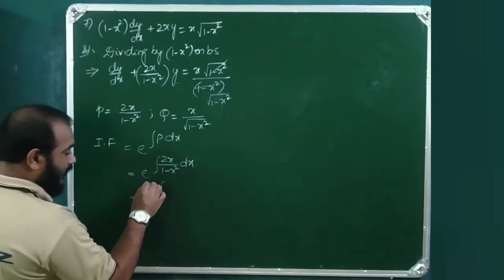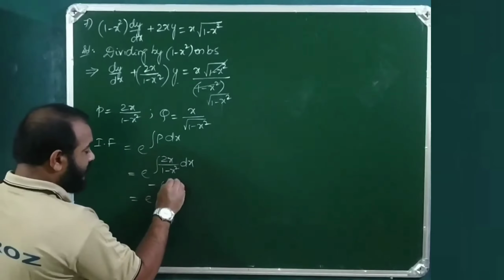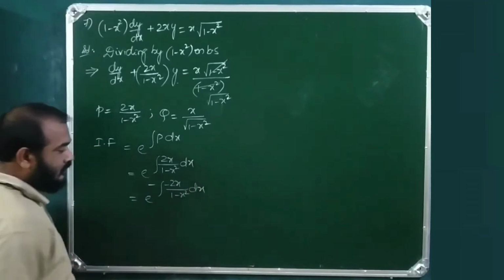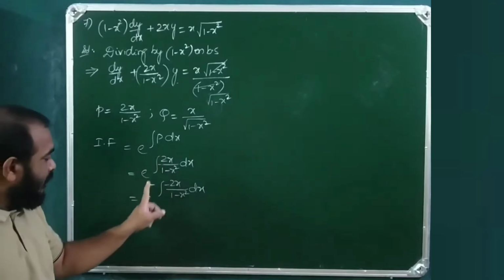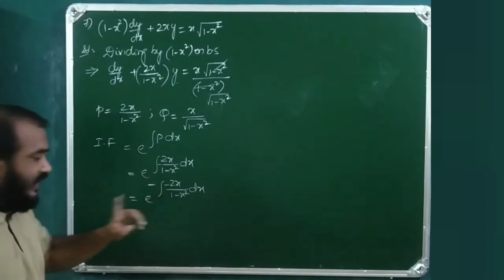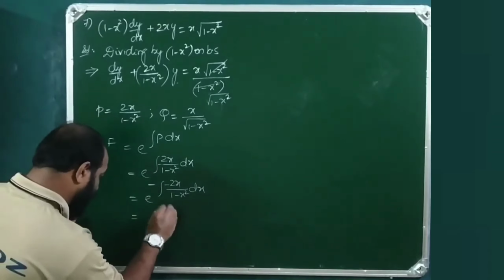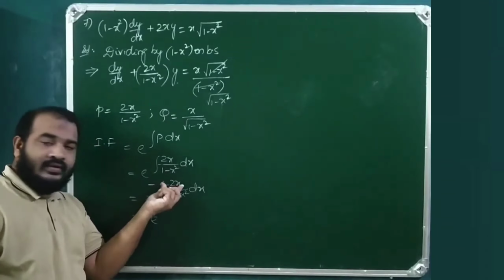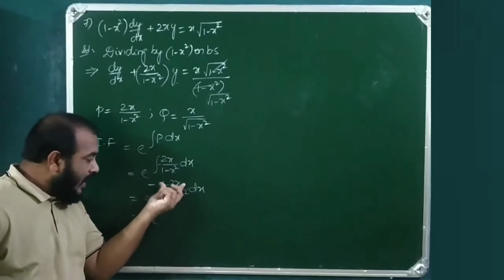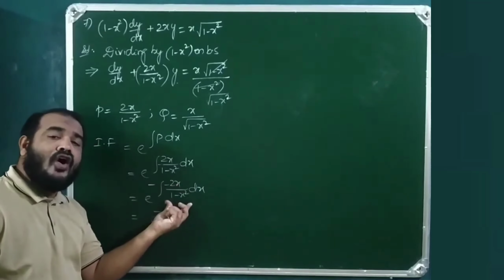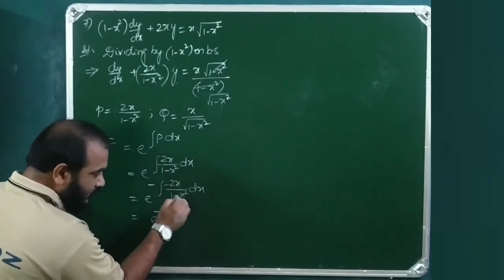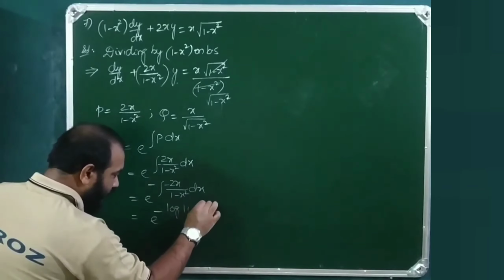Let us write 2x as minus of minus, by 1 minus x square dx, without loss of generality. So e power minus. Now 1 minus x square derivative is minus 2x. This is f dash x by f of x, log f of x, so log f of x is 1 minus x square.